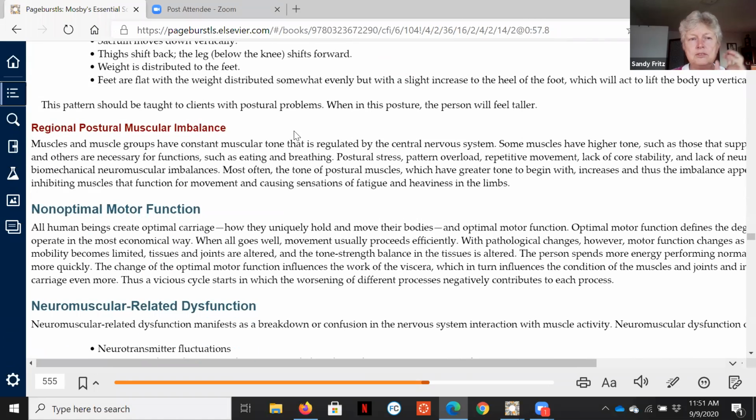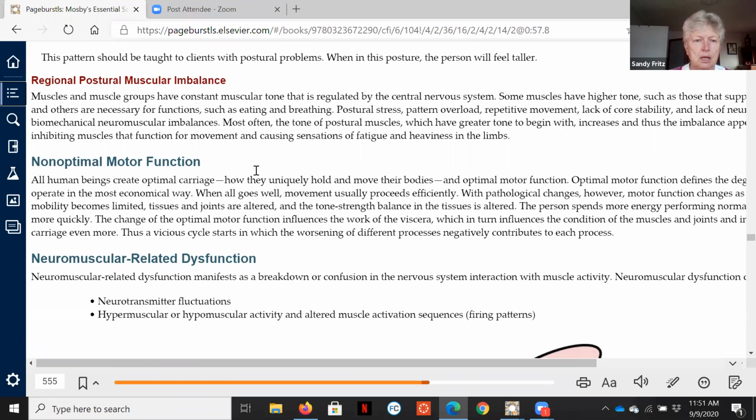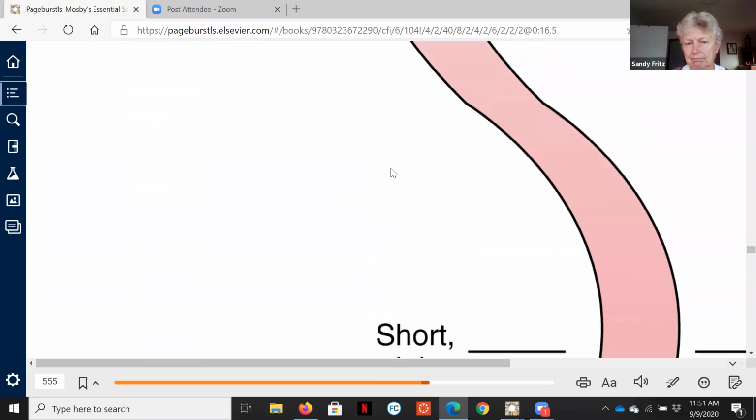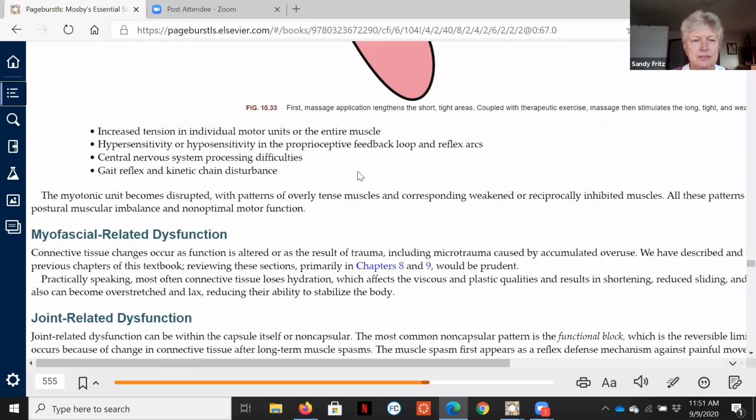So as we start to see changes in function, oh, here's the long, short picture. When we start to see that, we can divide this into stages of deterioration.